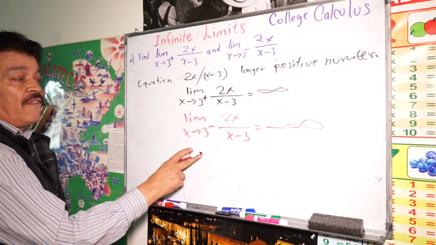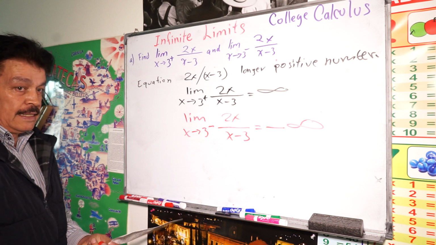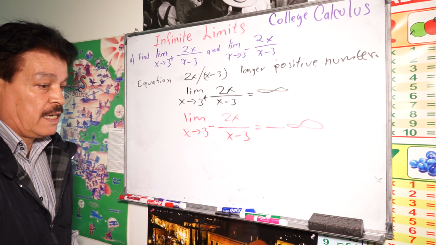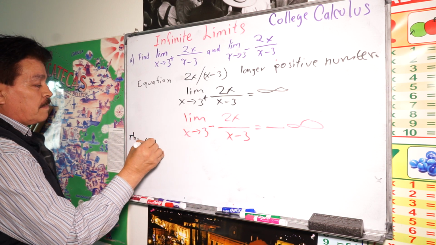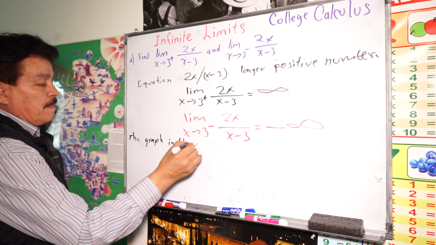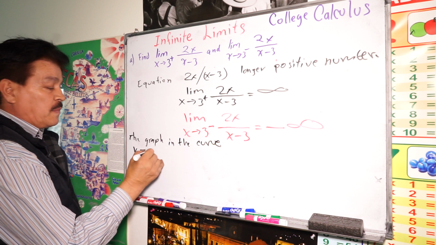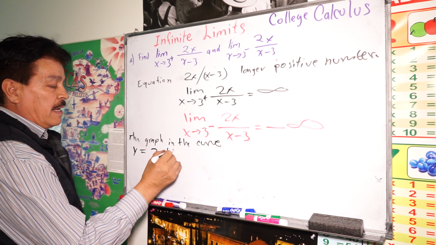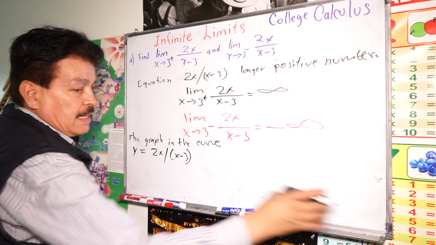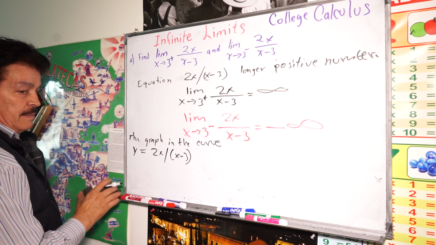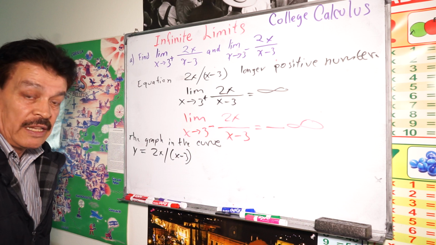So the graph in the curve, let's see, because I need to make the graph. The graph in the curve y equals 2x divided by x minus 3 is like this. So remember that we're talking about the vertical lines.